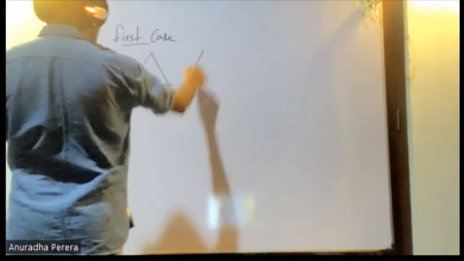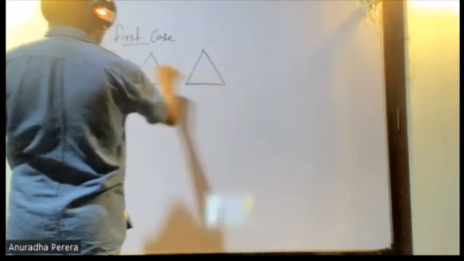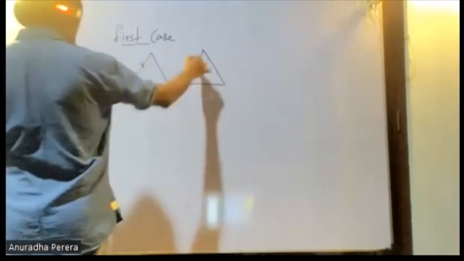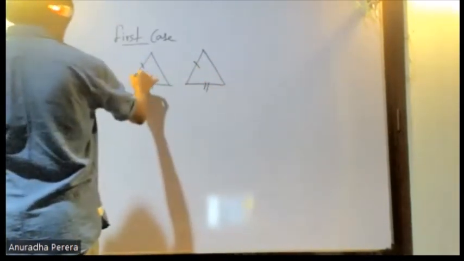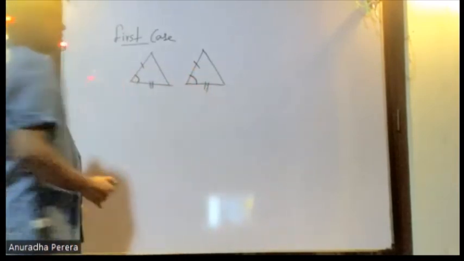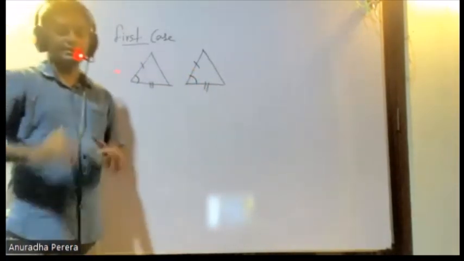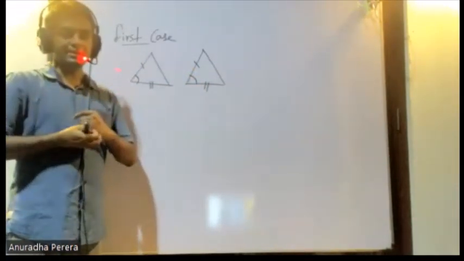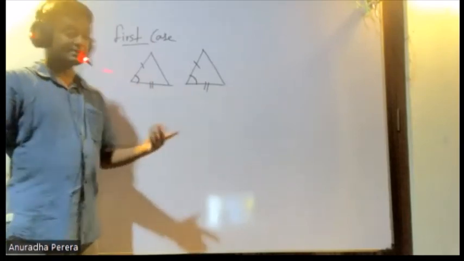First case: there are two triangles. Two sides are equal and the included angle is equal. What do you mean by this included angle? The angle in the middle of the equal sides.